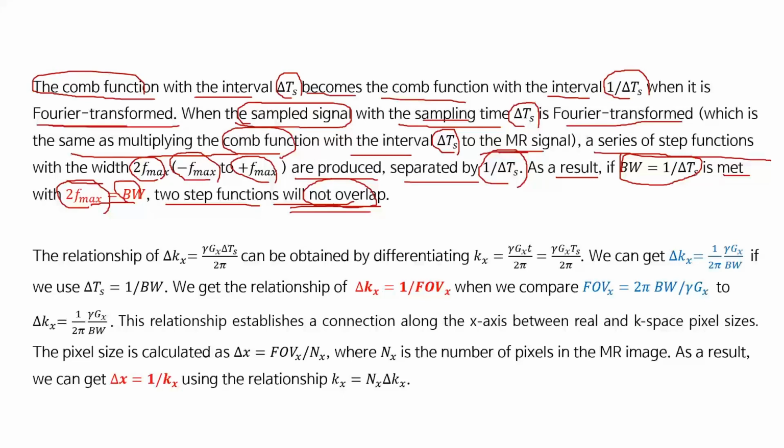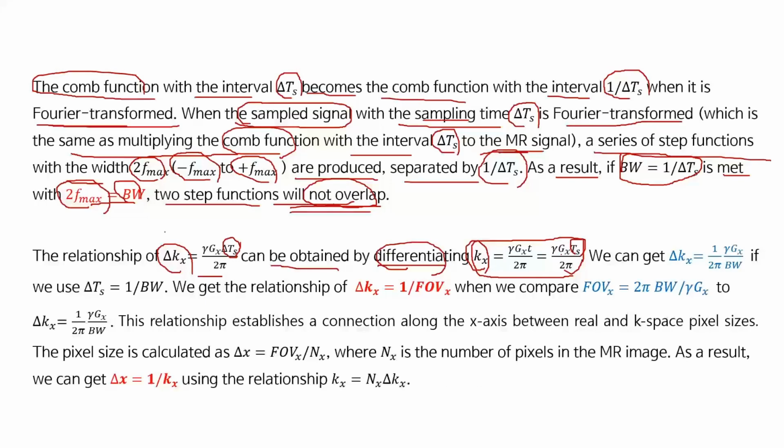We can get delta kx by differentiating this relation for kx. If we differentiate this kx, Gx is constant, so ts becomes delta ts by differentiating.